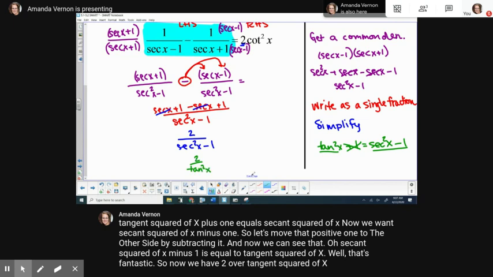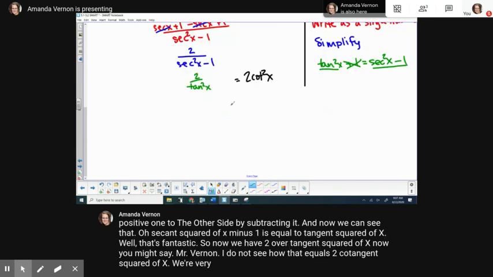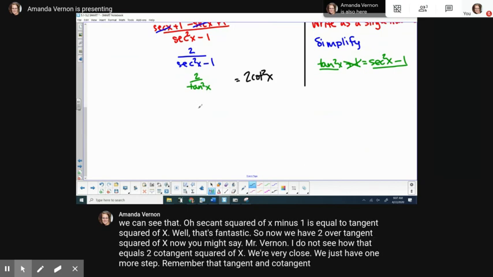Now, you might say, Ms. Vernon, I do not see how that equals 2 cotangent squared of x. Well, we're very close. We just have one more step. Remember that tangent and cotangent are reciprocal identities.